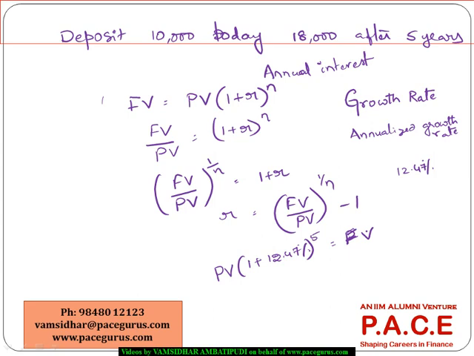It's just one single number which tells what kind of annual growth rate this particular investment is giving. So it's an excellent summary measure of growth over a particular period of time. Over 5 years we registered a growth of 12.47% per year. So that's the way to interpret the growth rate or the interest rate over a particular period.